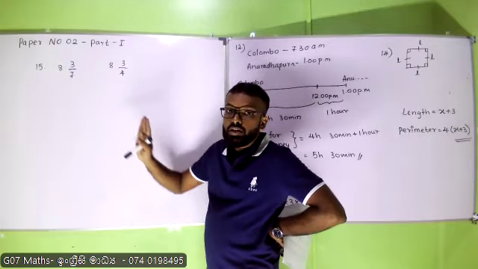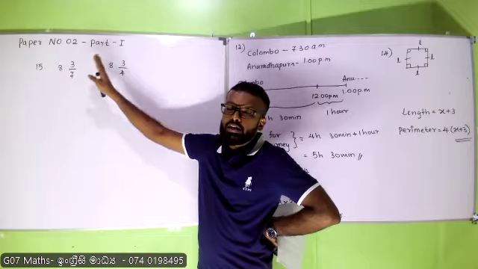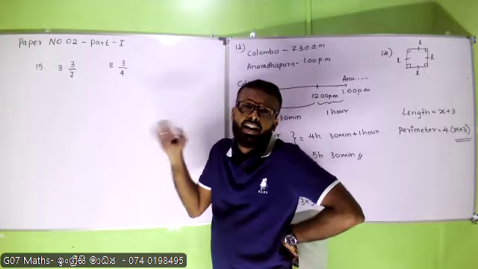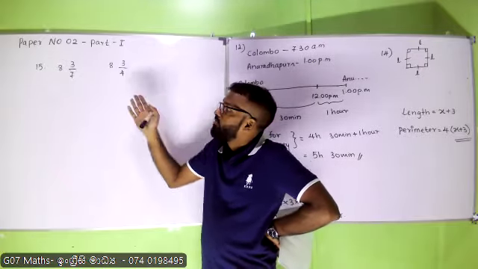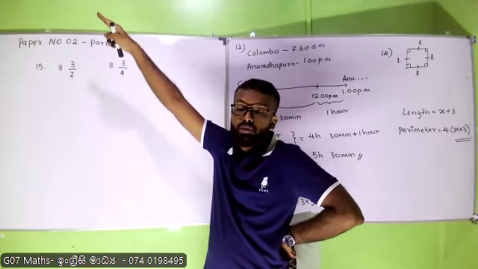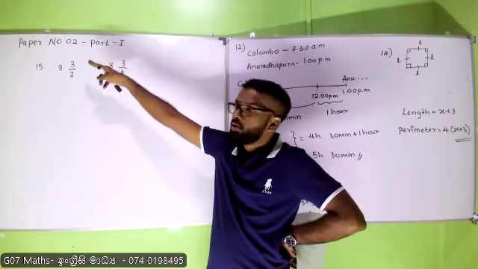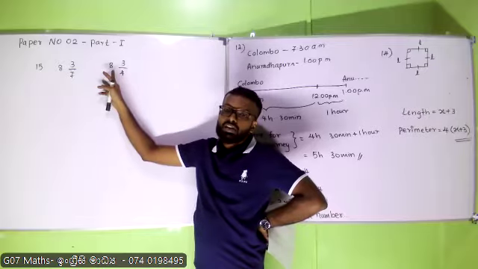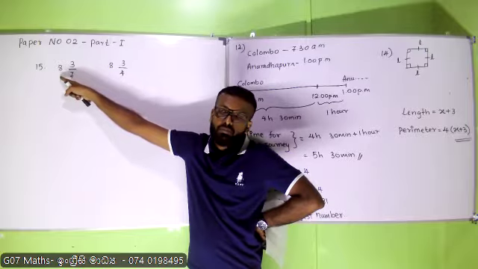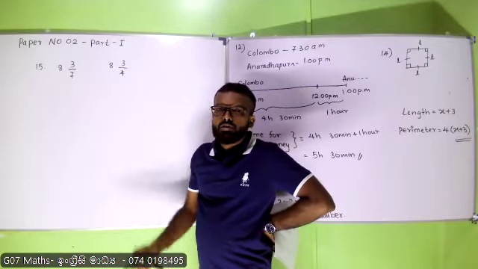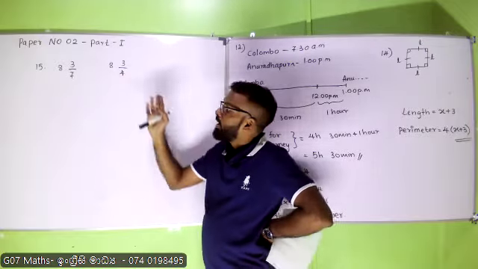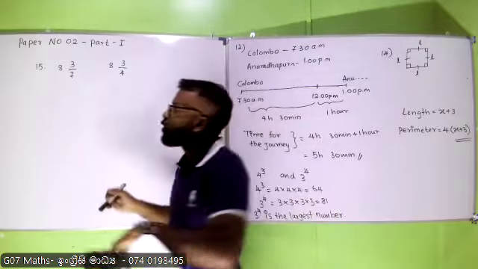In that kind of situation we can forget the whole number part because they are equal, so it doesn't matter. If one of the whole numbers is greater, say this is 9 and this is 8, then that one is the greatest fraction. But here both are equal, so we forget the whole number part and compare the fractional part only.